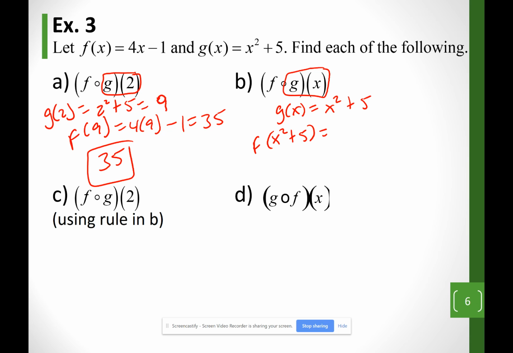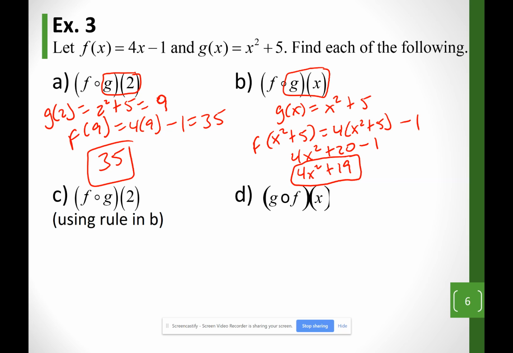So I have 4 times x squared plus 5 minus 1. Once again, I'm using the function f, and my variable is x squared plus 5. Get rid of parentheses, so I have 4x squared plus 20 minus 1. Simplify by combining your like terms, I have 4x squared plus 19.